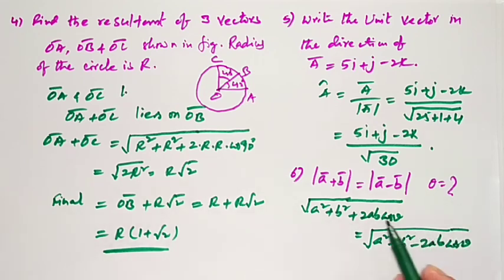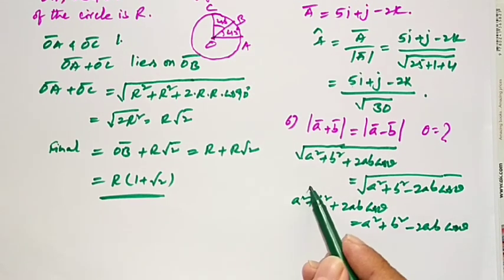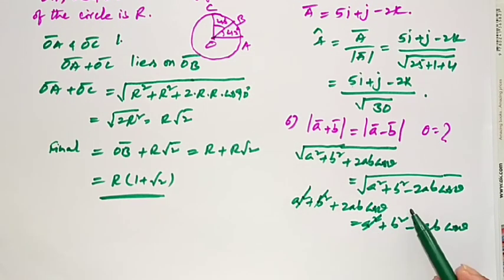Squaring on both sides, the roots get cancelled, and A square plus B square plus 2AB cos theta is equal to A square plus B square minus 2AB cos theta. Now A square gets cancelled, B square gets cancelled.